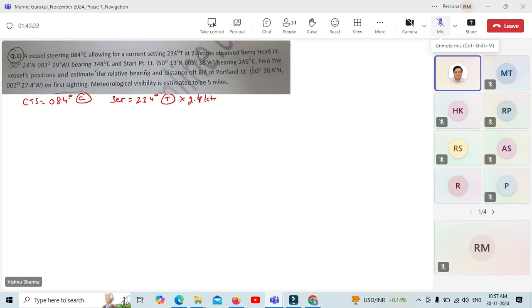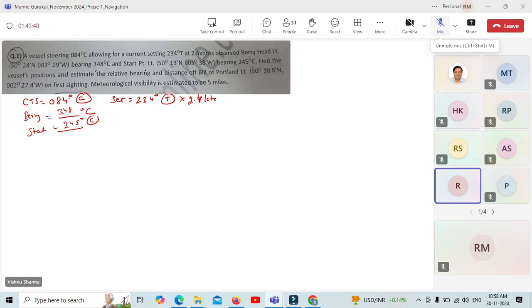So set and rate both are given. Observes Berry Head bearing 348 degrees compass and Start Point bearing 245 degrees compass. Find the vessel's position and estimate the relative bearing.